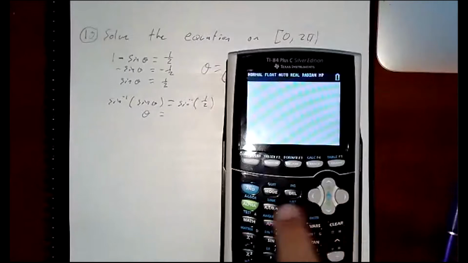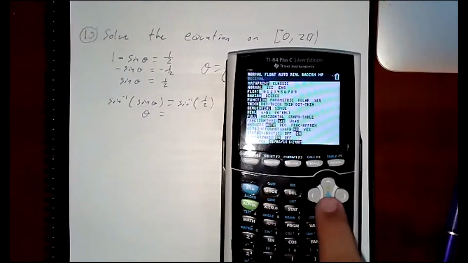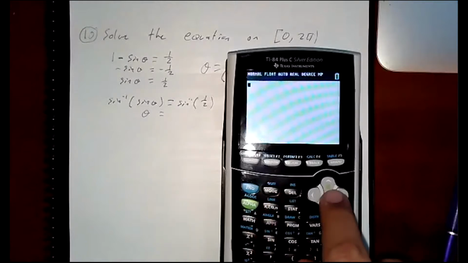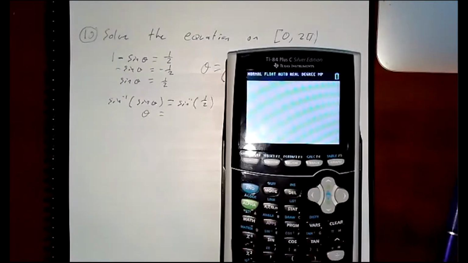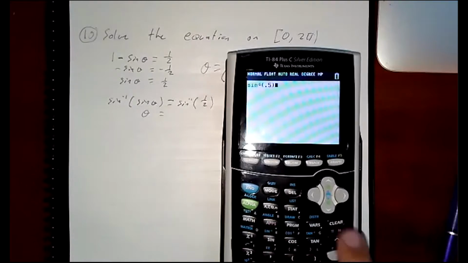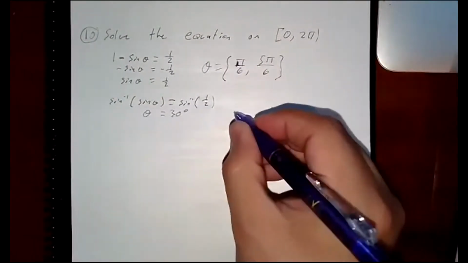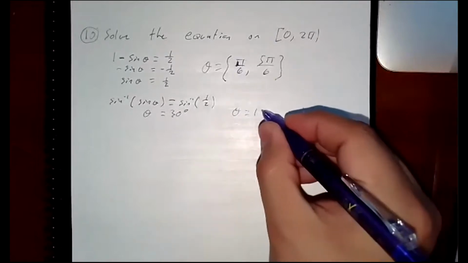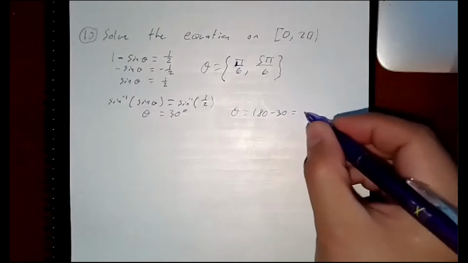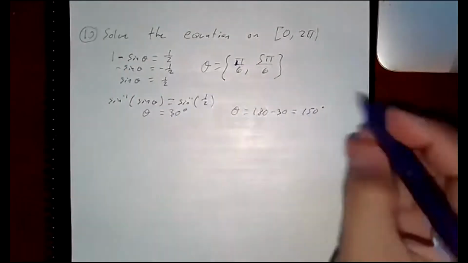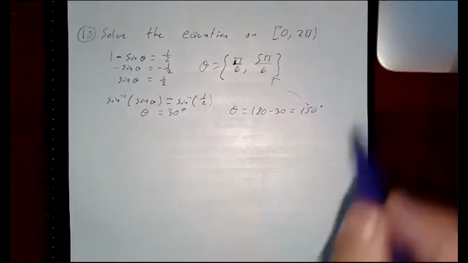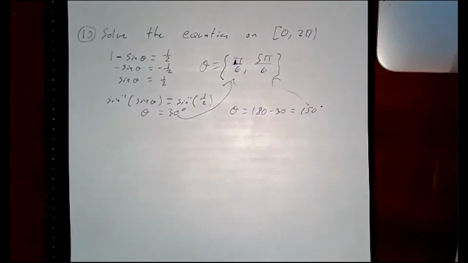Let's change it back to degrees though. Sine inverse of 0.5 will be 30 degrees. So that's the first one, pi over 6. To find the other one, you would say 180 minus 30, which is 150, which are these answers here. If you were to do it with a calculator, without a unit circle, that's how you do it.